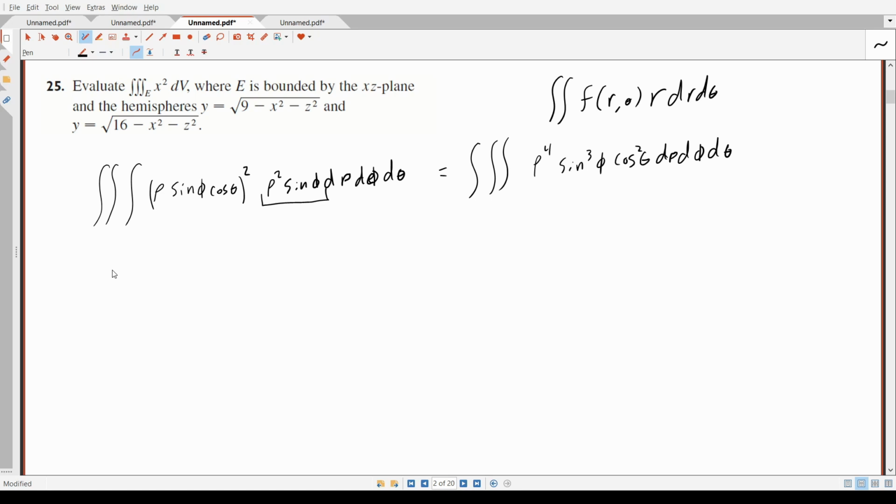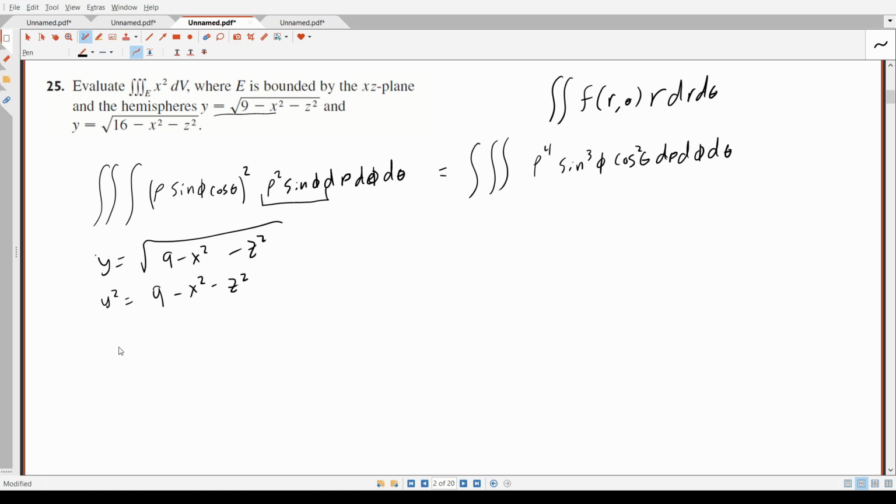Let's just look at this one first. If I have y equals square root of 9 minus x squared minus z squared, then if I square both sides, I have y squared equals 9 minus x squared minus z squared.